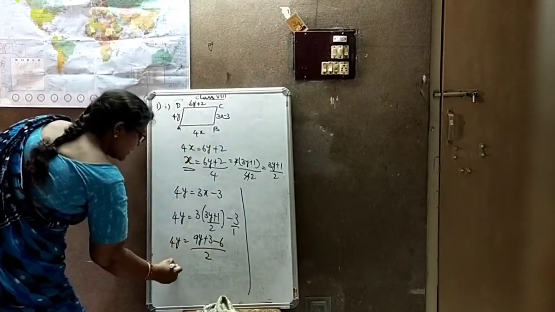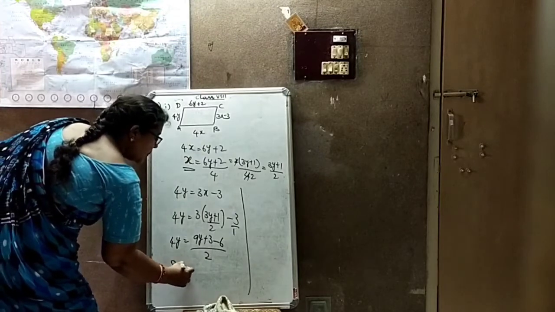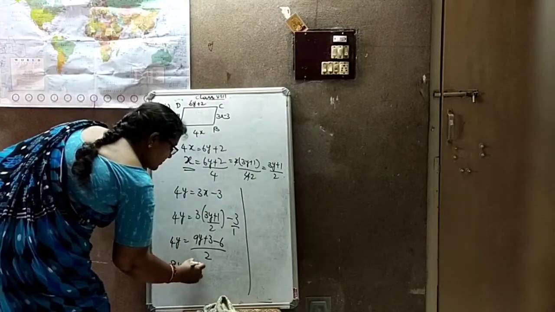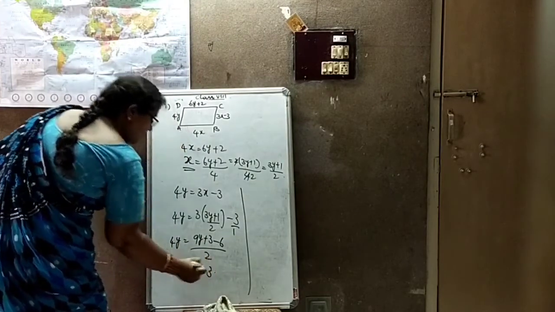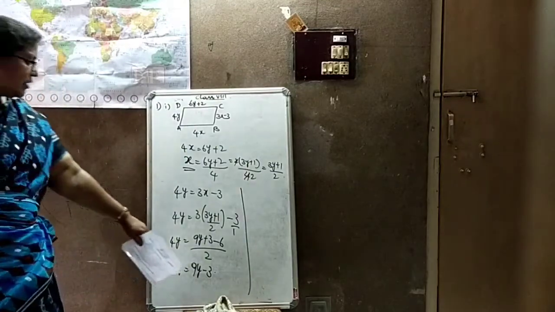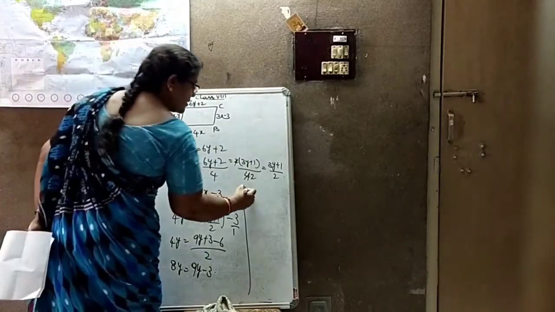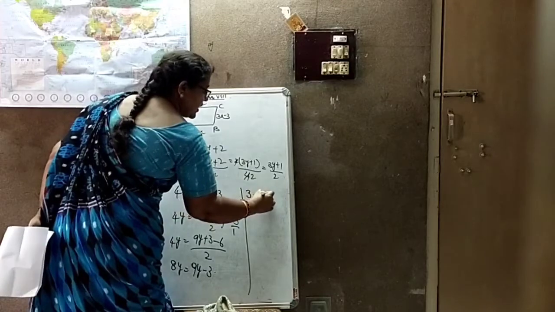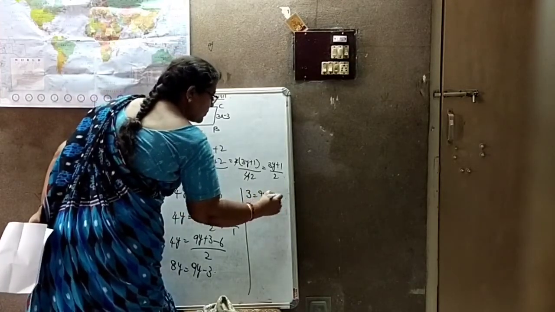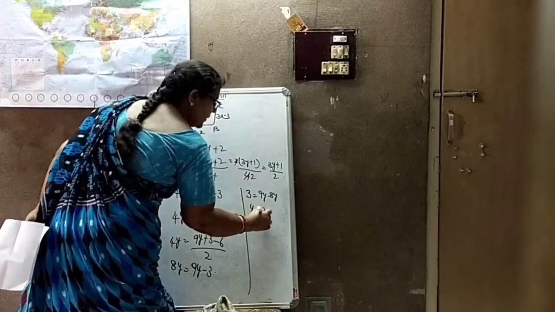Cross multiply. So 8y is equal to 9y minus 3. Bring 3 to this side and y to that side. 3 is equal to 9y minus 8y. Therefore, y is equal to 3.